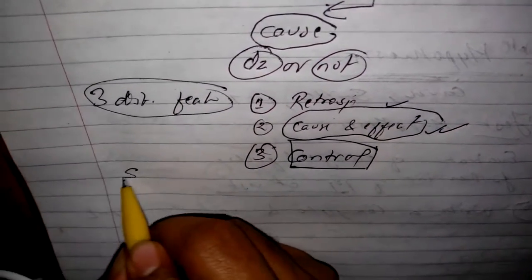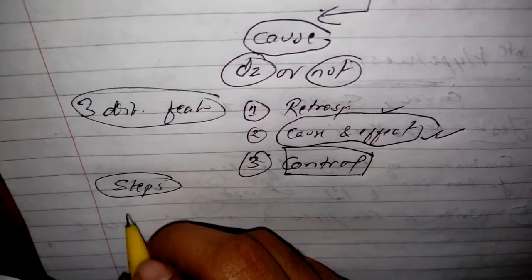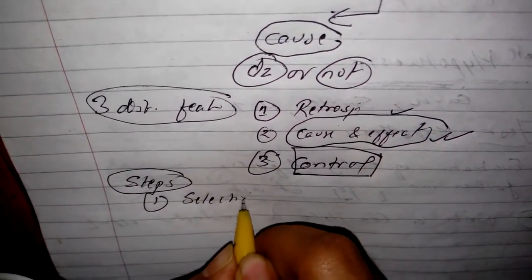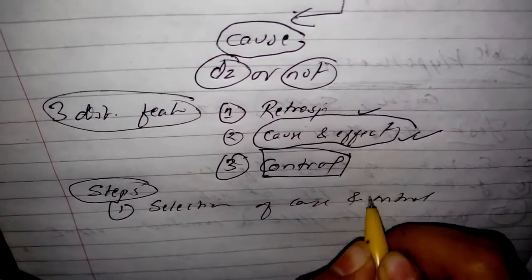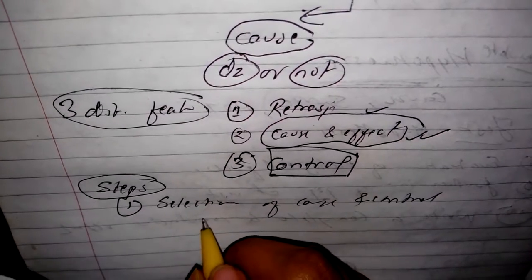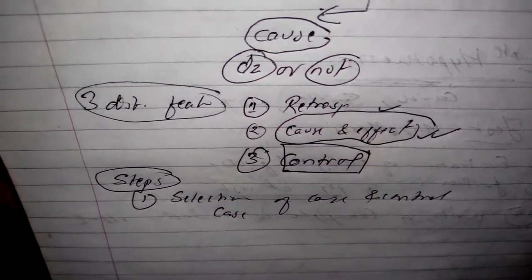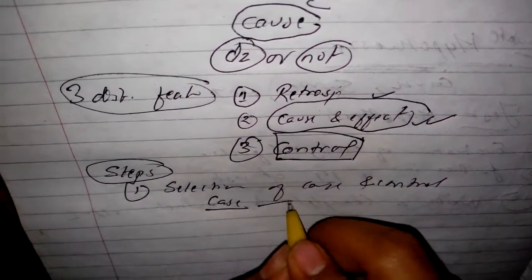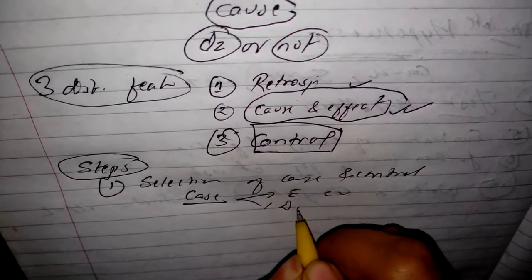There are certain steps for the study. First of all, we do the selection of case and control. For selecting the case, first of all we make eligibility criteria and diagnostic criteria.